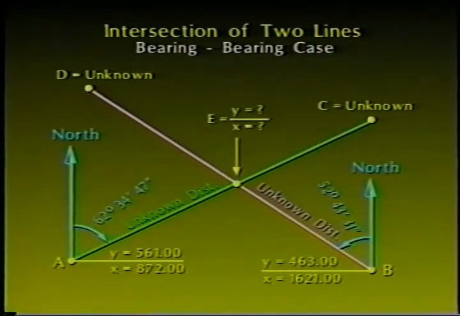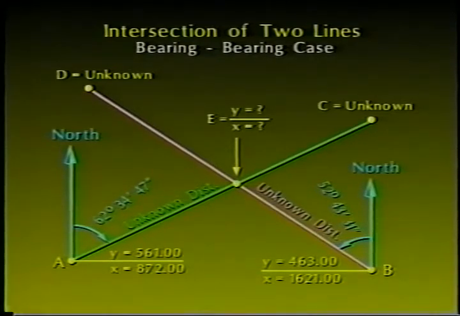The first step to take in the solution is to examine the given data to see which case the solution will fit into. Although we have already identified this as a bearing-bearing case, let's look at the givens. We have a bearing for both lines A to E and B to E, and can inverse between A and B to find either a base for an oblique triangle solution or enter the coordinates into a computer programmed for the bearing-bearing solution.